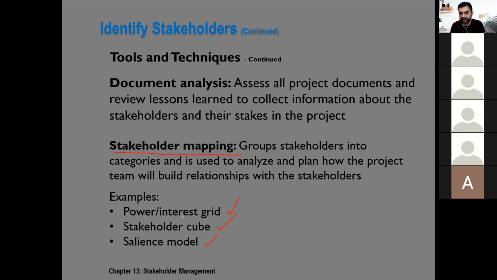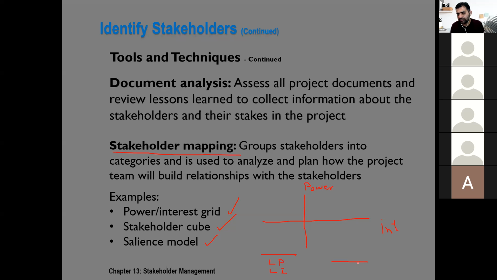When we say, for example, power interest grid, it is a quadrant. On one side you can put power, on the other side you can put interest. So here in this quadrant you will have stakeholders who have less power, less interest.